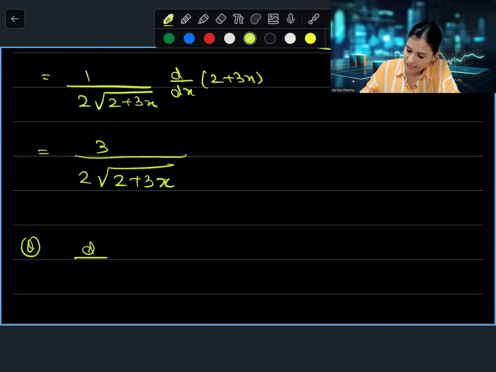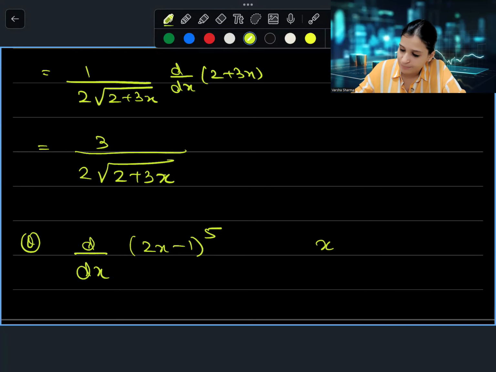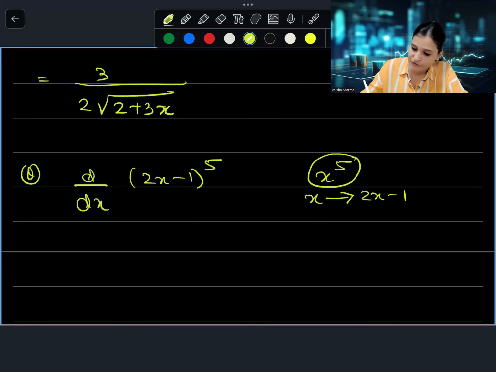Suppose I have to differentiate (2x minus 1) to the power 5. If it would have been whole square, whole cube, I would have opened it. But whole power 5, we can, but why go to so much trouble? So we'll treat this as x power 5. And what is written instead of x? 2x minus 1. So the differentiation of x power 5 is 5x to the power 4, into differentiation of the term written instead of x.